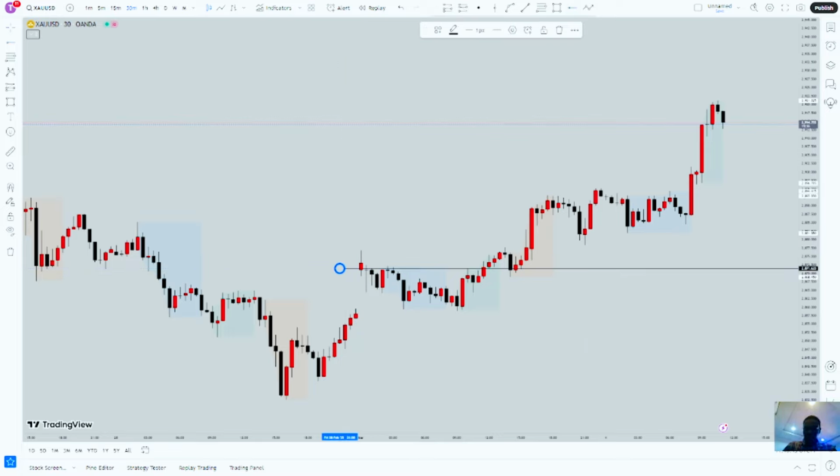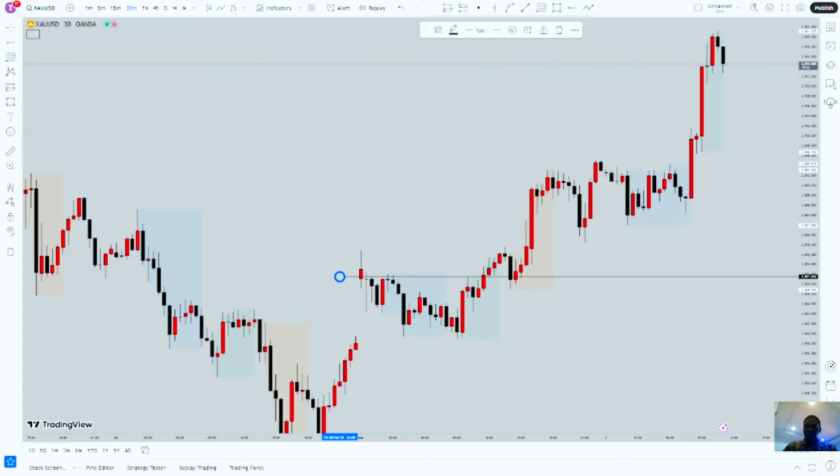And what I did, immediately after the break of the Asian high, you can see this was the break of the Asian high, and it came back to retest it and continue upward.